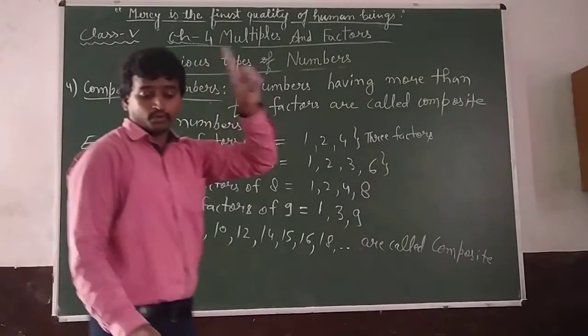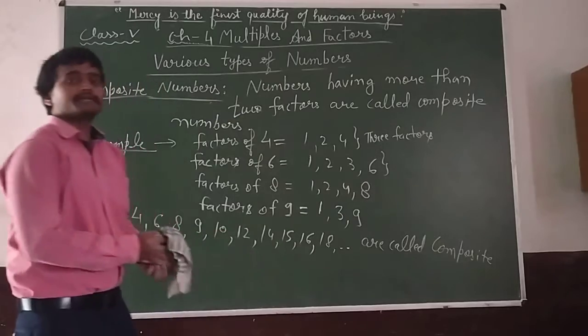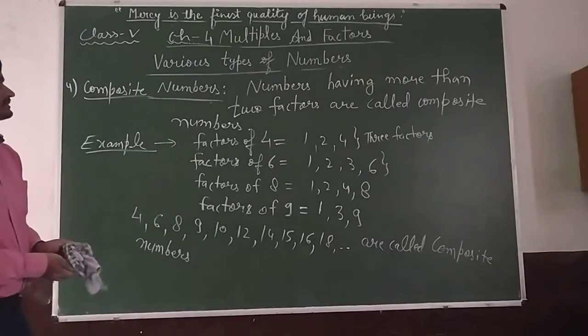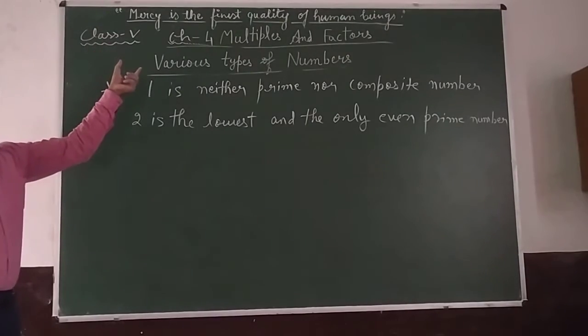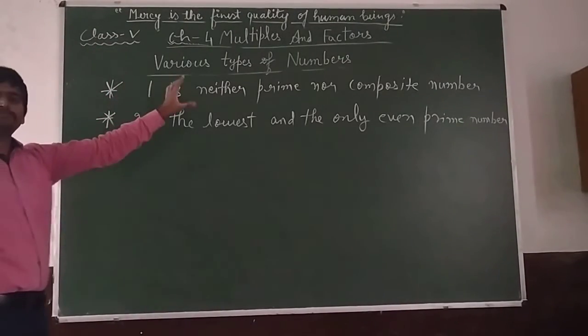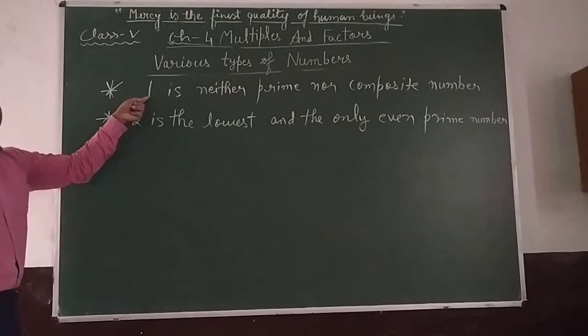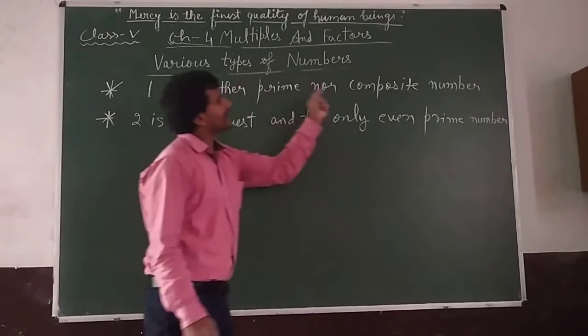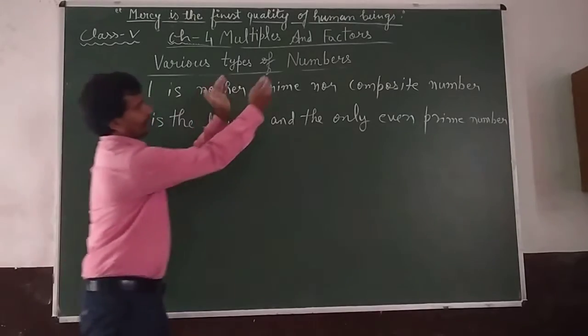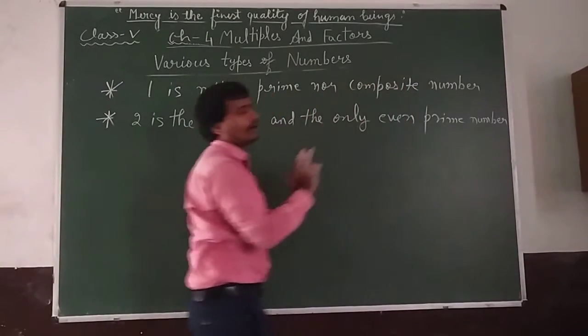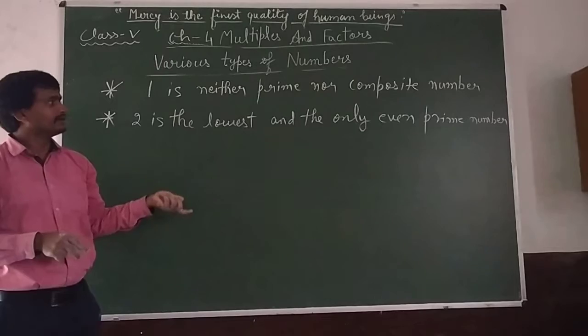Students, one most important point that you all should remember is that one is neither a prime nor a composite number. It is not in the category of prime numbers nor in the category of composite numbers, as we have discussed.